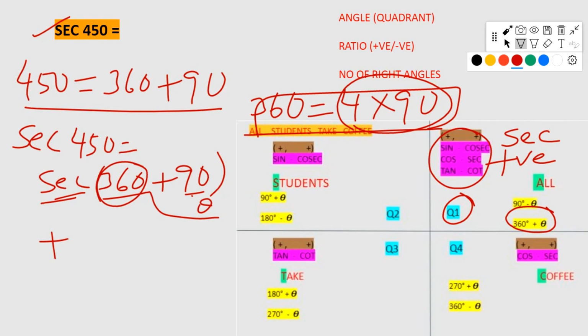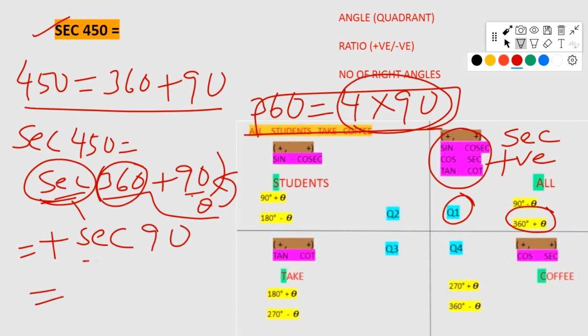Whenever the angle has an even number of right angles, the ratio is not changed. So secant can be written as secant. Theta comes to 90. The value of secant 90 is infinity. Plus infinity is also infinity.